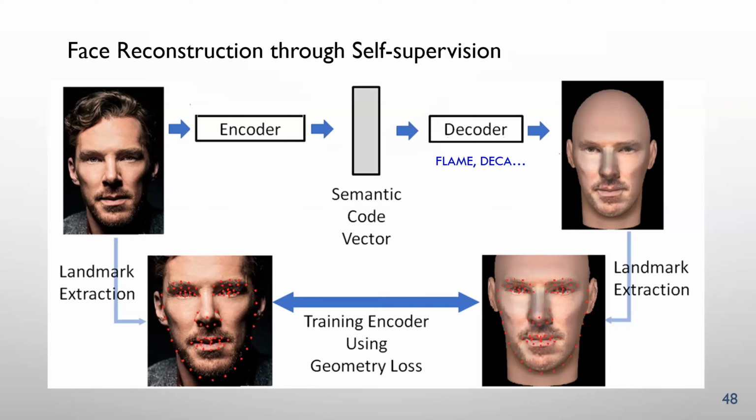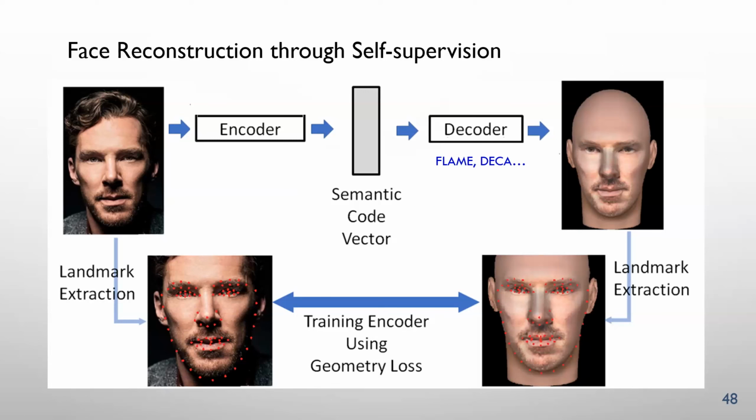And then we train an encoder using a deep convolutional neural network. We train such an encoder to map a given photo into a semantic code. And this encoder and decoder network can be trained in a self-supervised way.